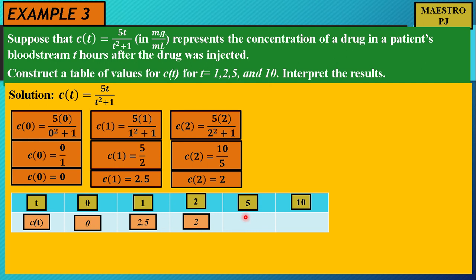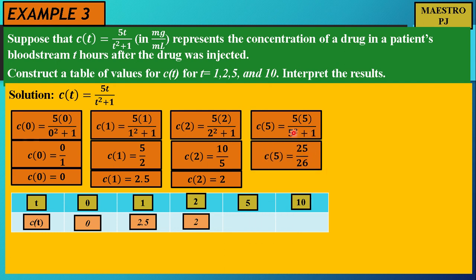After 5 hours naman po. So C of 5 is equal to 5 times 5 divided by 5 squared plus 1. So that is 5 times 5 is 25. 5 squared is 25. So 25 plus 1 is 26. 25 divided by 26 is equal to 0.962.